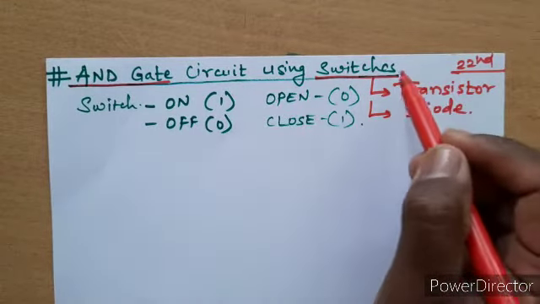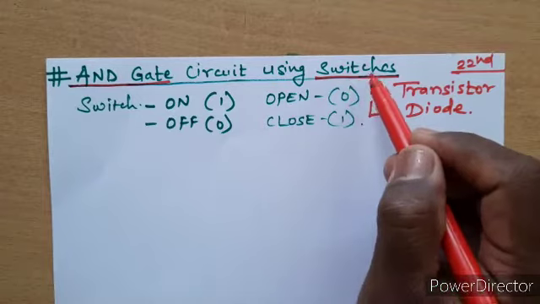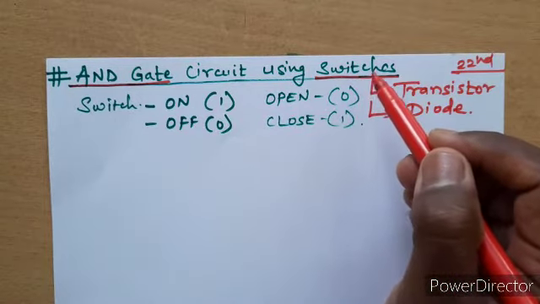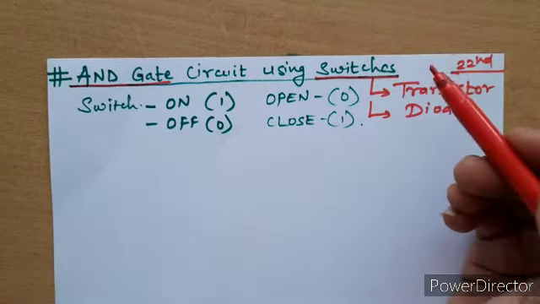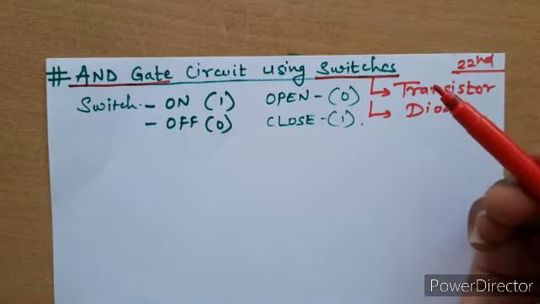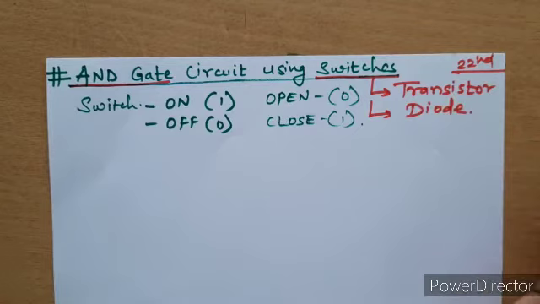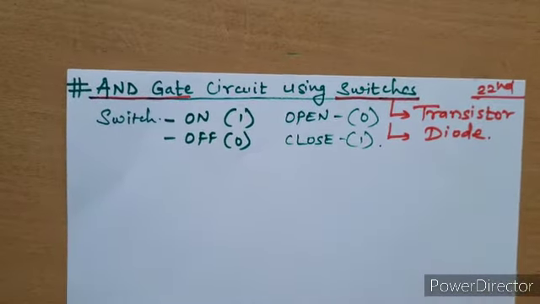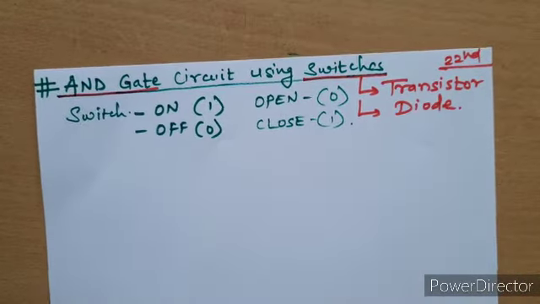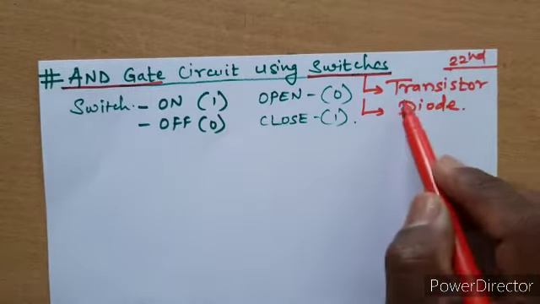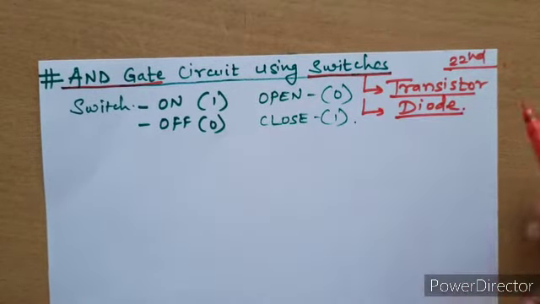But first let us understand it with a simple switch, the kind we use in our house to switch the fan on and off, just to make things very simple and clear, and then we can jump to transistor or diode.